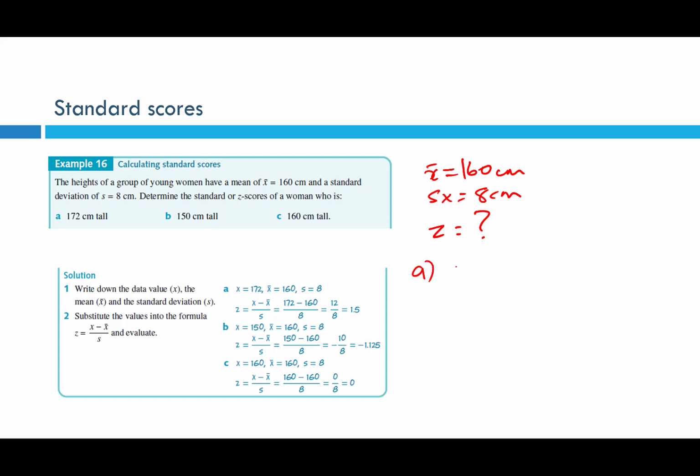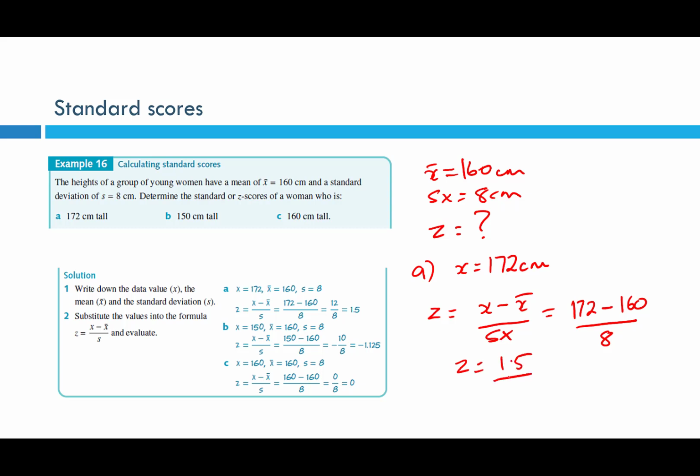So the actual height is 172 centimeters, and Z equals actual minus the average divided by the standard deviation. It's just a matter of substitution here. So 172 minus the average, which was 160, divided by 8, and we get a Z score of 1.5.